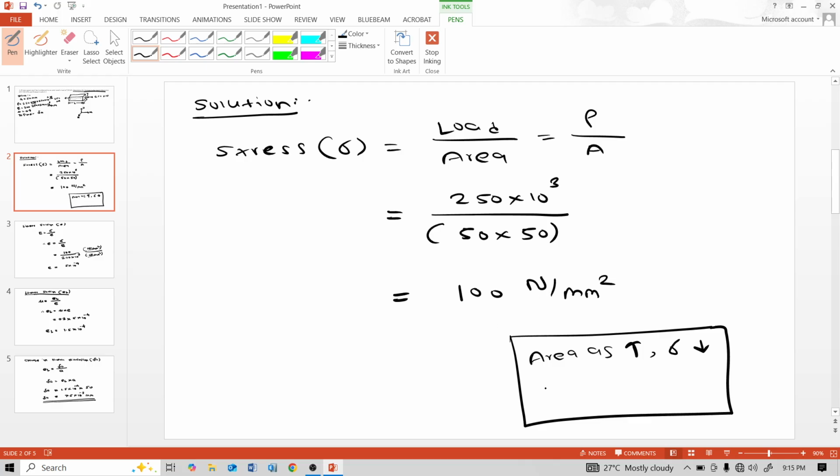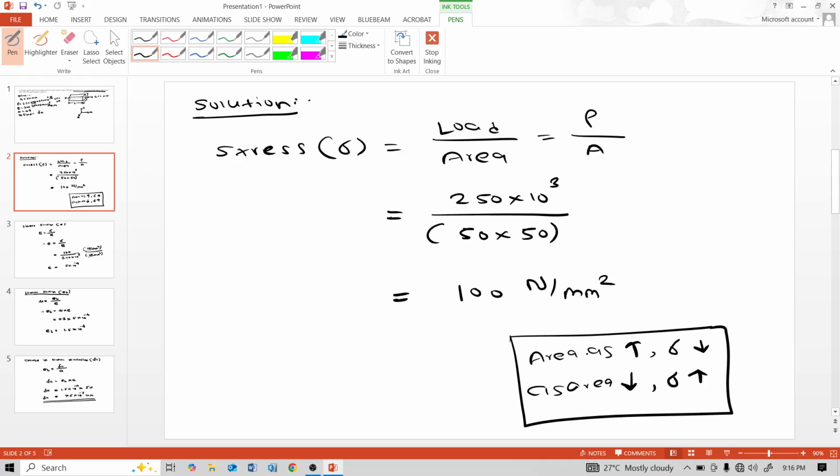And when cross sectional area decreases, then stress increases. Therefore, the strength of this steel rectangular bar depends upon the cross sectional area.